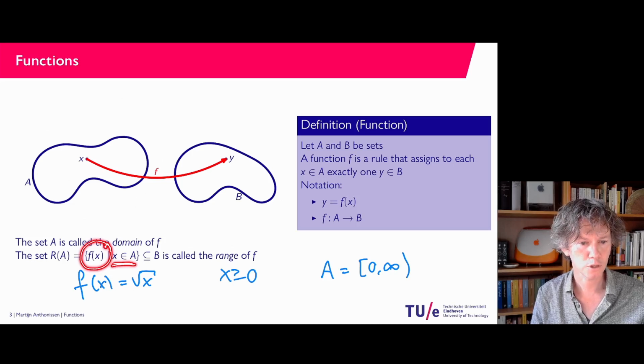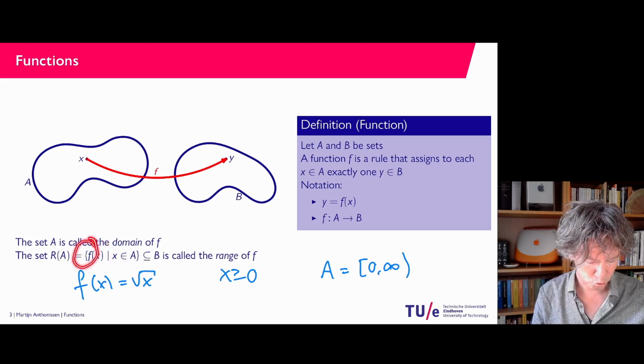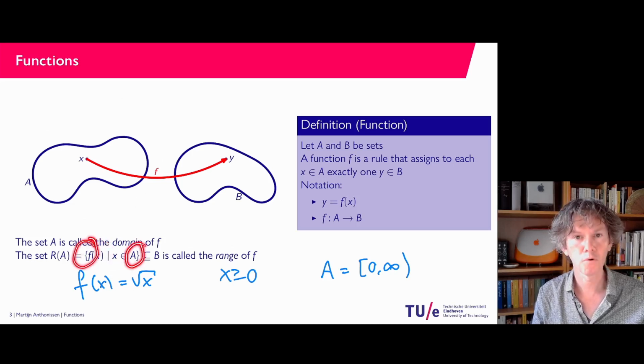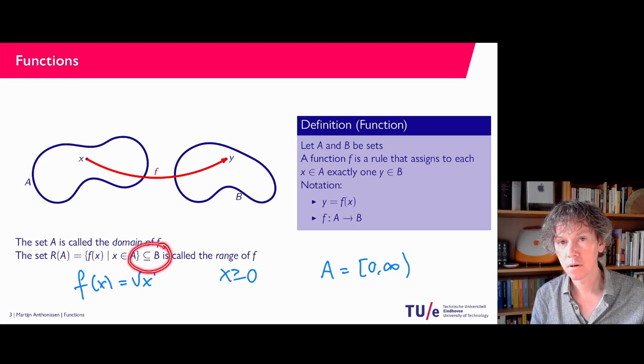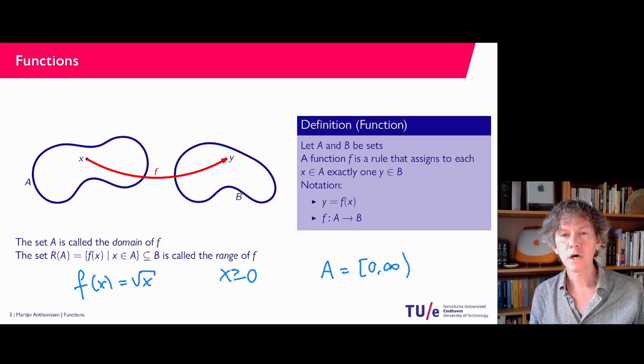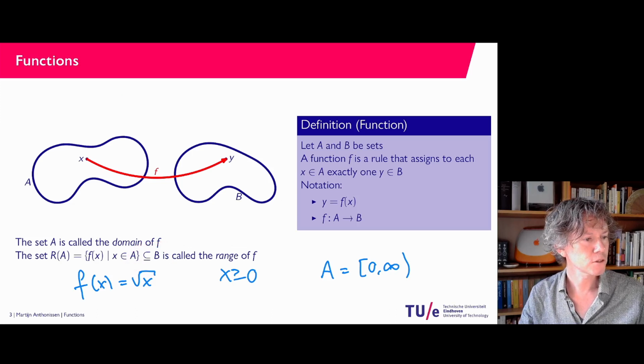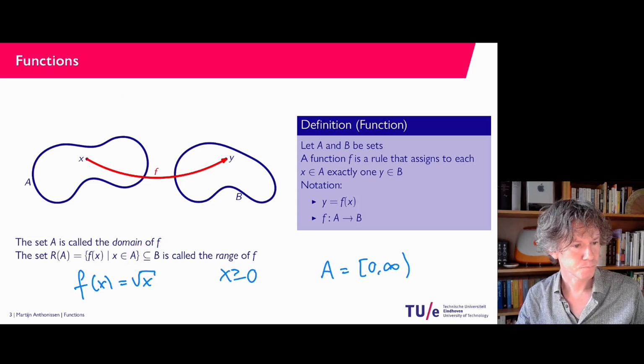So that's what this notation means. We take a set, that's the curly brackets, we have seen that notation before, and then we take all f of x's for which x is in the collection A. And it can be a subset of B, so B can be bigger, and it can be that the function only reaches part of it. Let's look at a couple of examples to make that a little bit more clear.